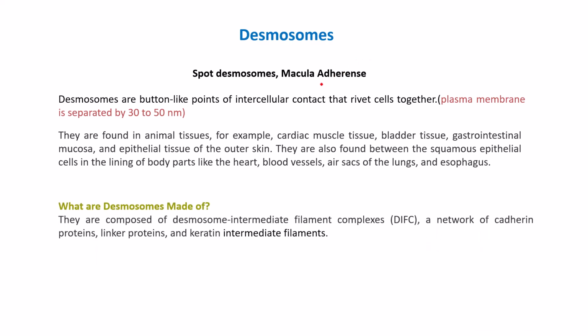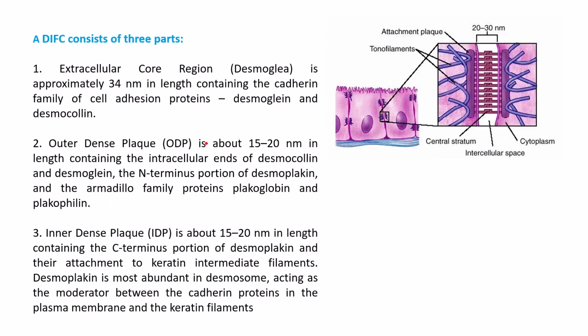So what are desmosomes made up of? These are made up of the intermediate filament complex, that is DIFC, and this complex is made up of cadherin, a linker protein, and some intermediate filaments. So let's see the structure of the DIFC network.